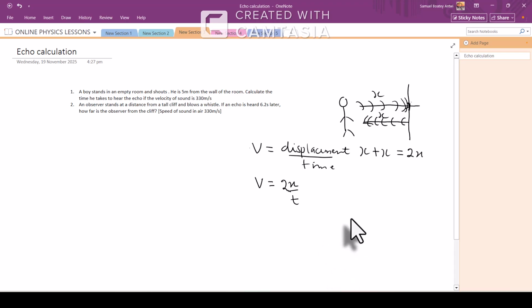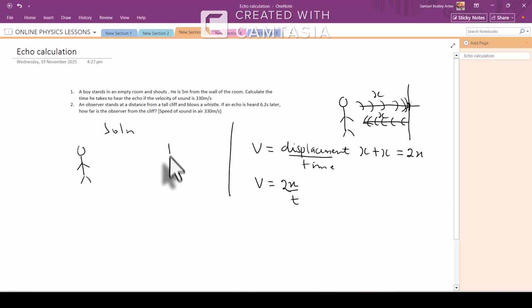So let's look at our question at hand and see if you are able to solve it. Let's put our solution here. I read the question out. A boy stands in an empty room and shouts. The boy is 5 meters away from the wall.